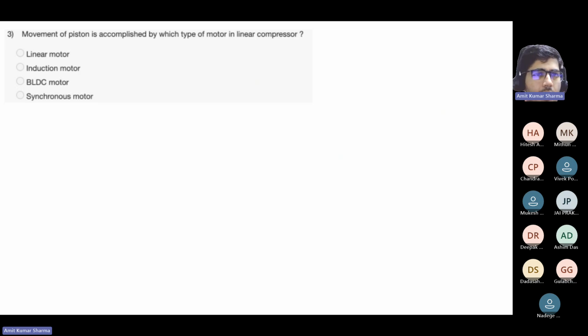Movement of piston is accomplished by which type of motor in a linear compressor? Linear motor, induction motor, BLDC, synchronous. Linear motor. We have the answer linear motor.